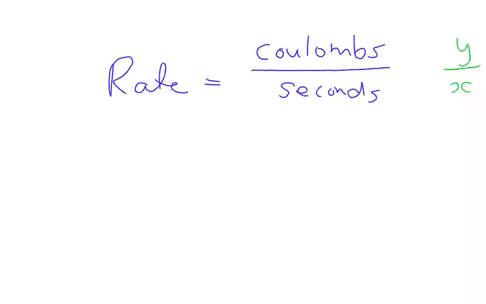The rate is the change in coulombs divided by the change in seconds. So the rate was 5 equals y over x. But this time we need to create a formula that makes x the subject.